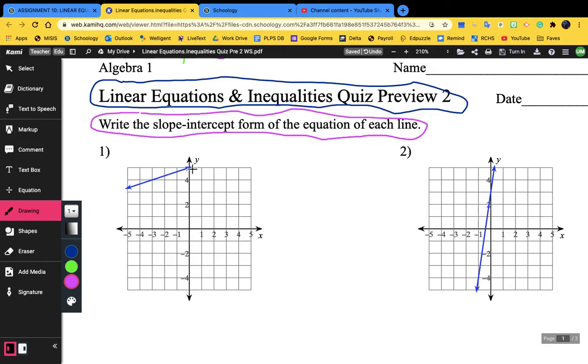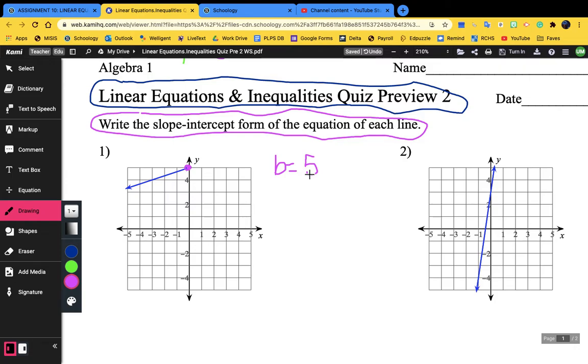It touches the blue line right here. And what number is that? So this is 0 in the middle. 1, 2, 3, 4, positive 5. B is equal to positive 5.